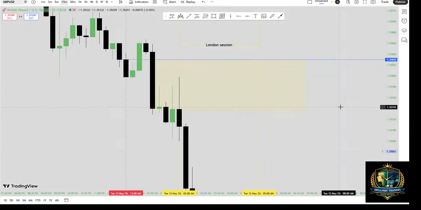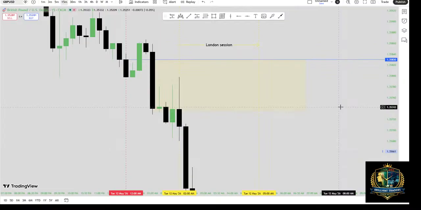Then let's move to this void imbalance, where I calibrate my chart. Let's move to the New York session, which we start from 7 o'clock AM. From 7 o'clock AM, I like this color.